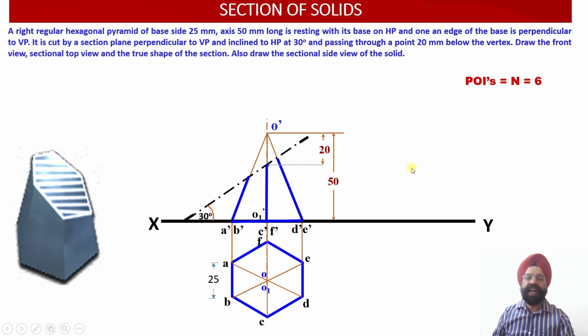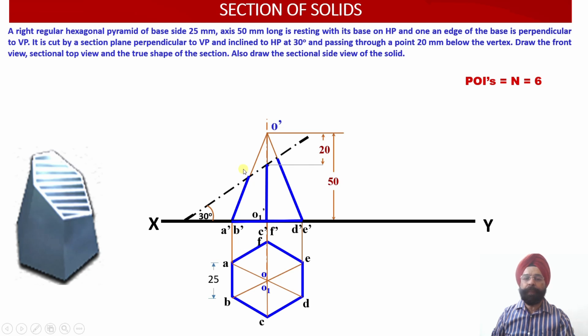Now let us start with working out the location of these POIs onto the slant generator. So this is my projection of O dash A dash and O dash B dash, right? These are two generators which are lying in the same orientation. Both of these generators have been cut by the cutting plane at this point.